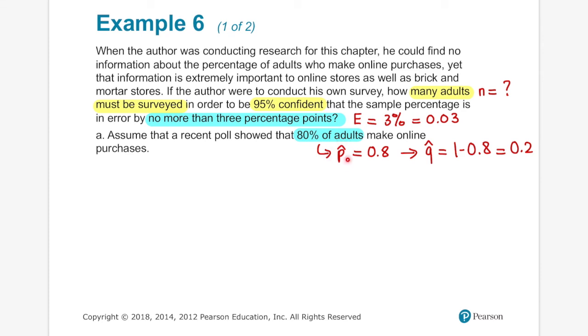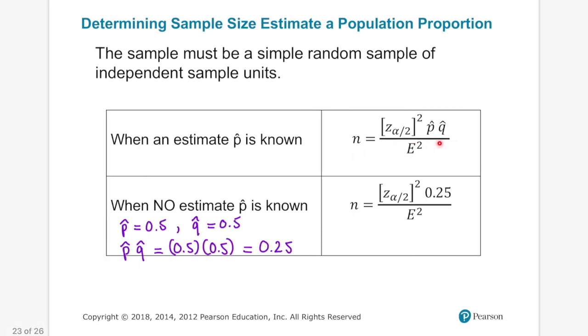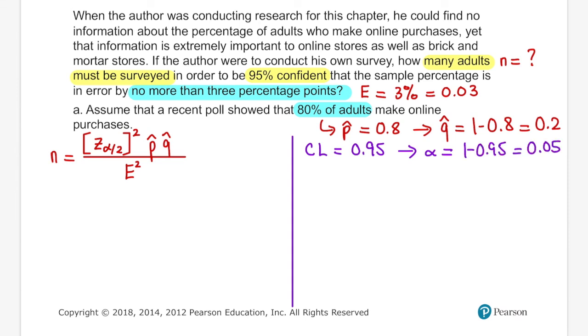In this question, p hat is known, so I am going to use this formula right here. I have p hat, I have q hat, I have e. Z of alpha half is going to be calculated based on the confidence level. Confidence level is 95%, which makes my alpha 1 minus 95%, which is 5%.